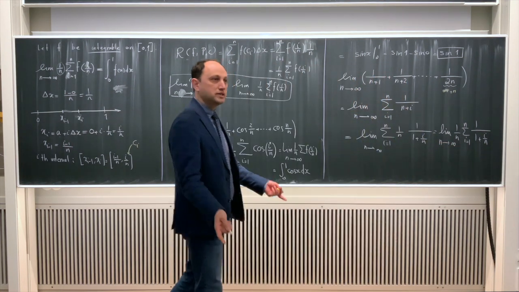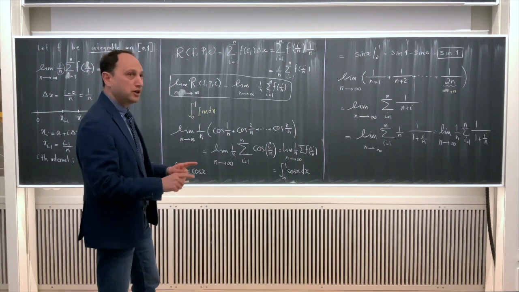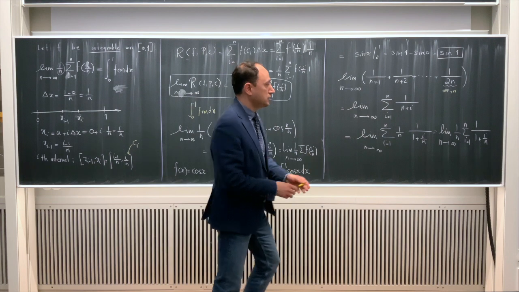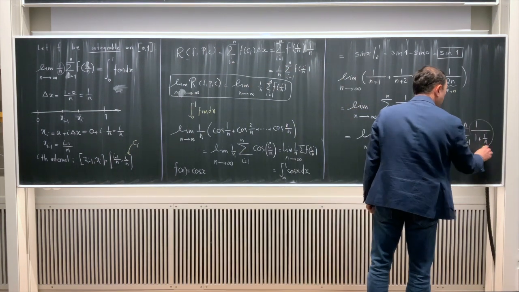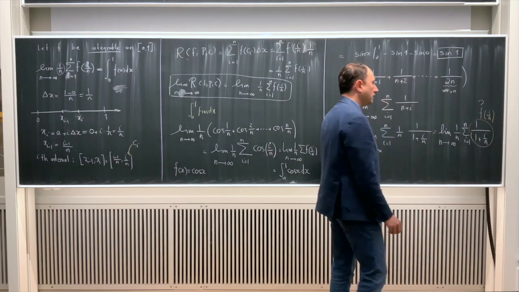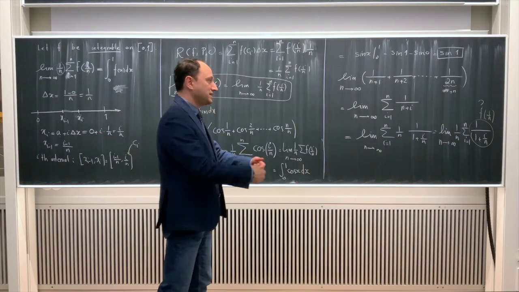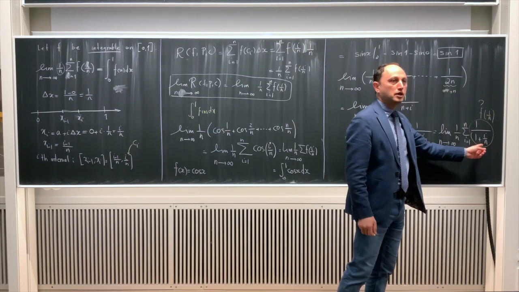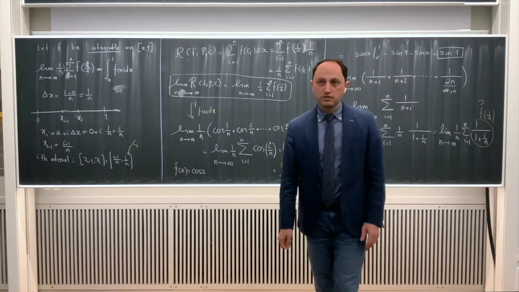You have to guess a function f so that f of i over n becomes this combination. Extremely simple to guess, yes?